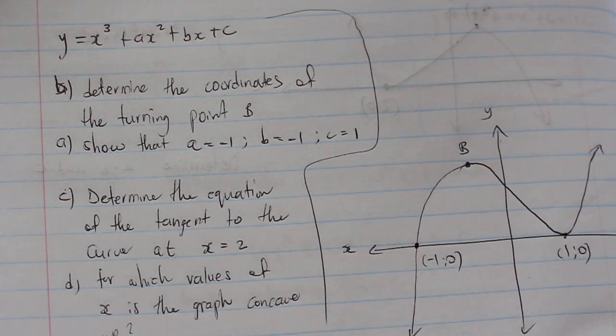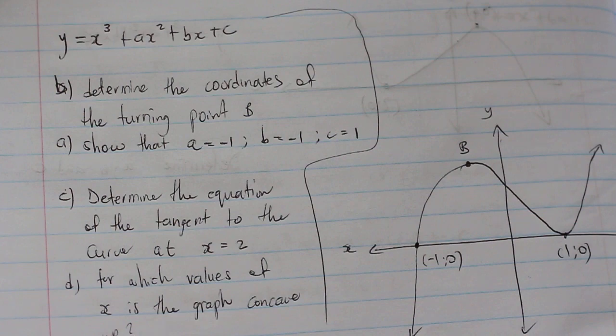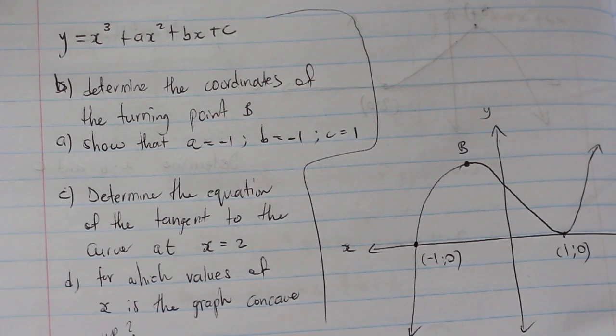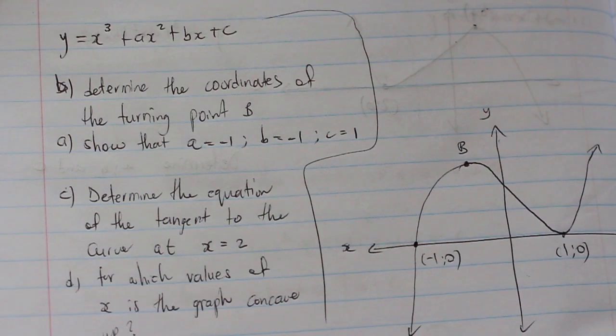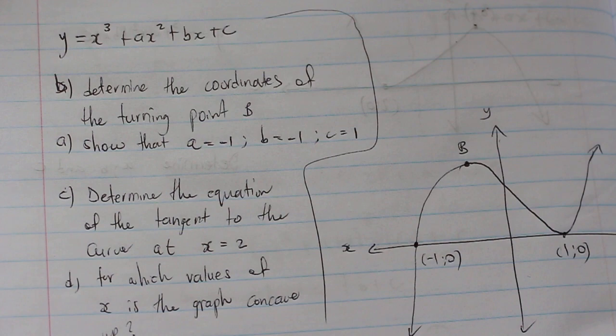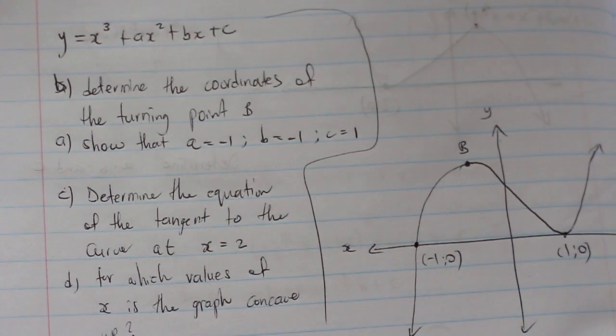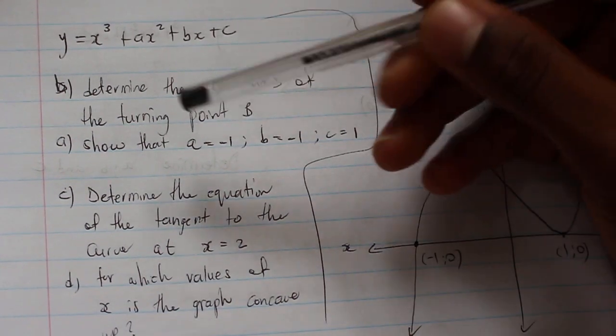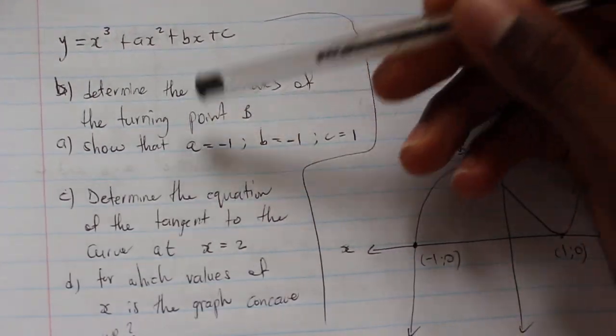The function is y is equal to x cubed plus ax squared plus bx. We don't have the a, the b, and the c, but we do have the coefficient of x cubed. Determine the coordinates of the turning point. The first thing that we are asked is to show that a is -1, b is -1, and c is equal to 1. That's the first thing. The question that you're seeing up there is actually the second question.